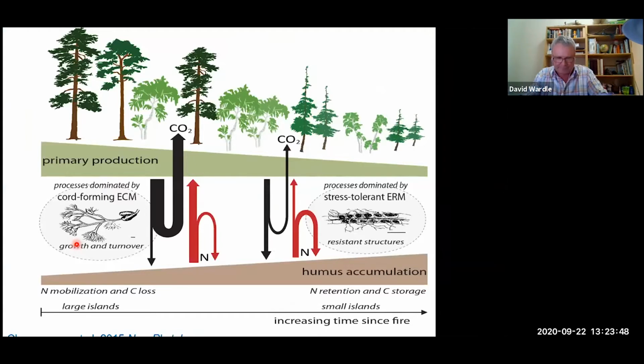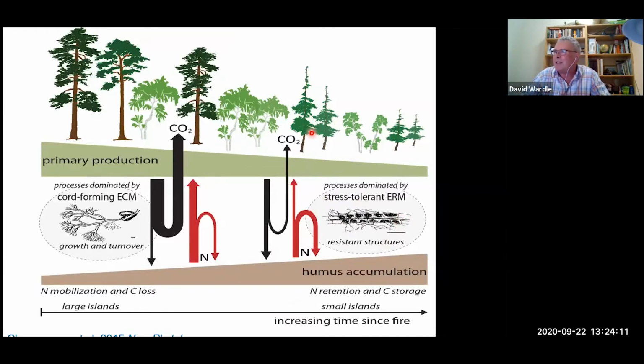So with this more complicated fungal-driven version, this is now how we understand carbon to be stored in our system. If we look here, this is the large islands with basidiomycetes that produce residues that break down fast. They release lots of CO2, lots of nitrogen, so the plants are happy because they have lots of nutrients. Shallow organic matter. Small islands, the fungi produce resistant structures that break down really slowly.